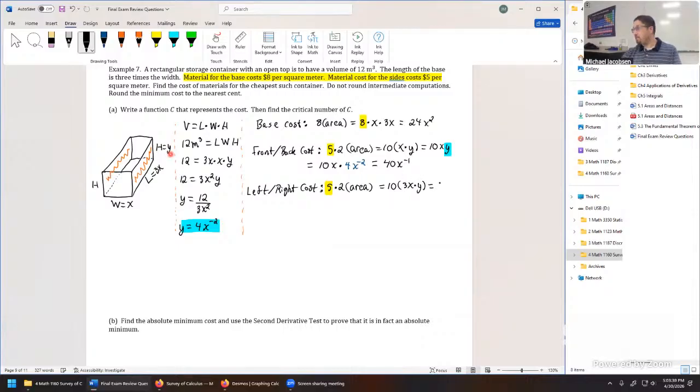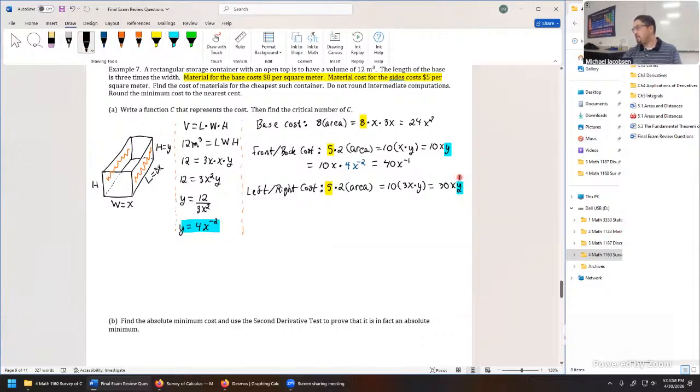So altogether, this becomes 30xy. But there's lots of parallelism in how this one's going. We need to eliminate y. Our methods are single variable calculus. To optimize this, y has to be substituted out.